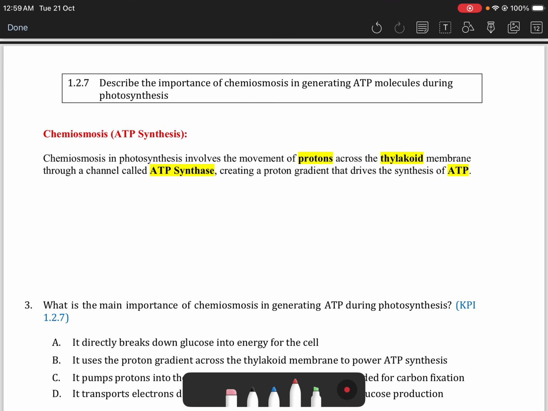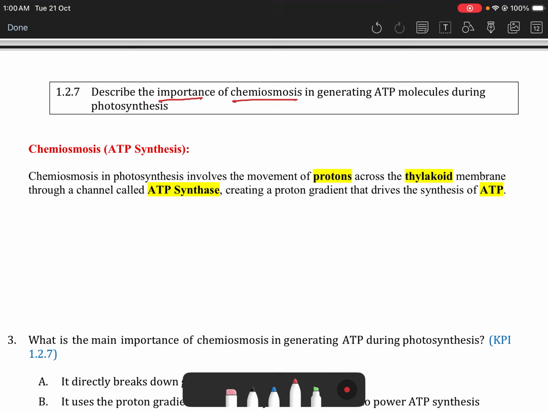Next KPI. Describe the importance of the chemiosmosis. I told you already, chemiosmosis involves the movement of protons. Okay, before we go into this detail, chemiosmosis means ATP synthesis. How does this ATP synthesis happen? By the movement of protons across the thylakoid membrane through a channel called ATP synthase, creating a proton gradient that drives ATP synthesis.